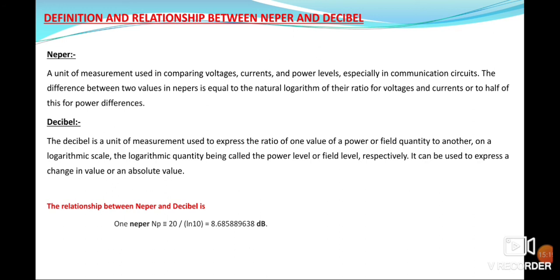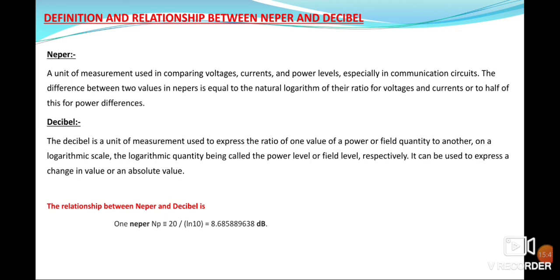It can be used to express a change in value or an absolute value. The relationship between neper and decibel is given as 1 neper (NP) is equal to 20 log10 e, that is, it is giving us a value of 8.685889638 decibel. So this is the basic relationship between neper and decibel.